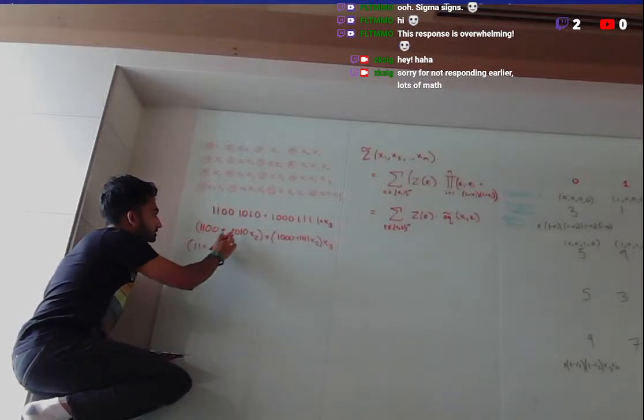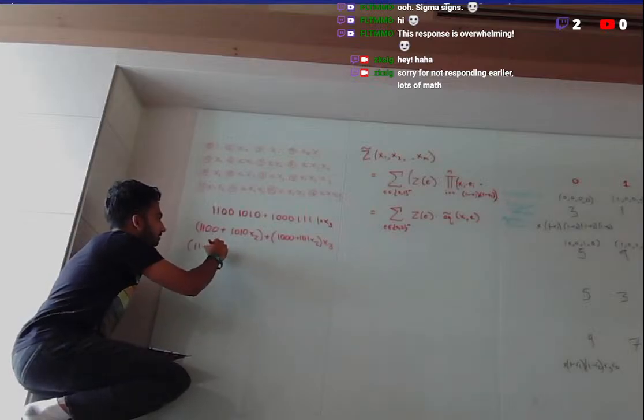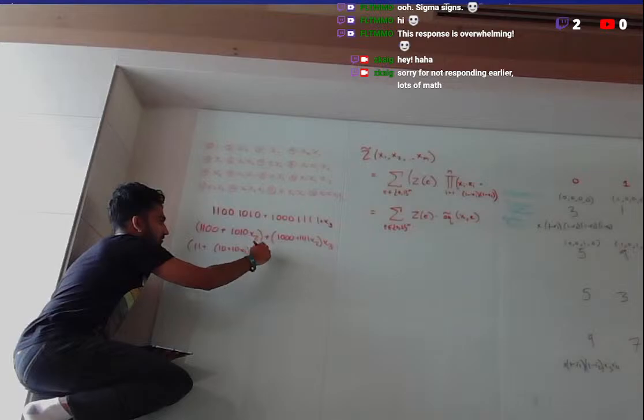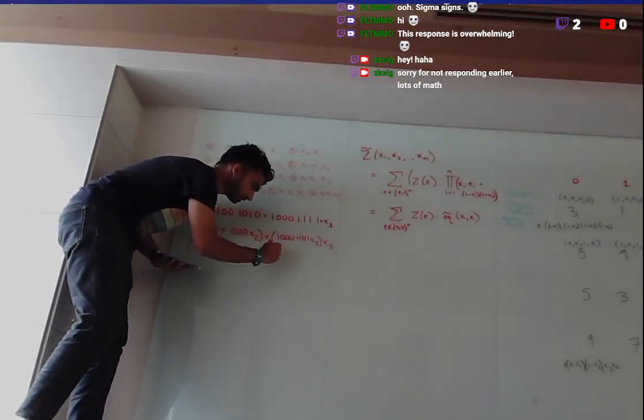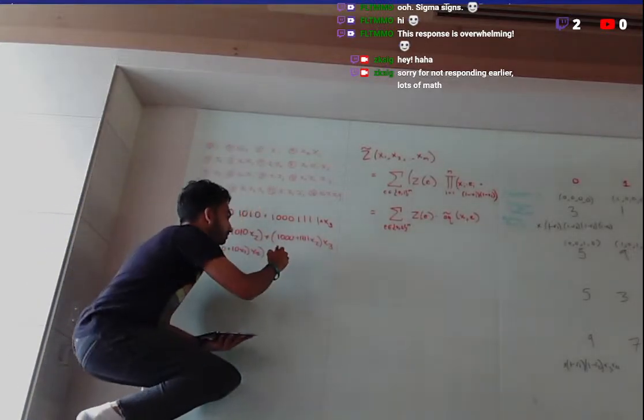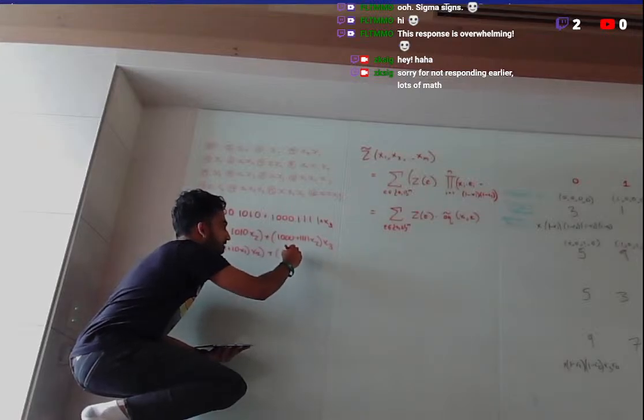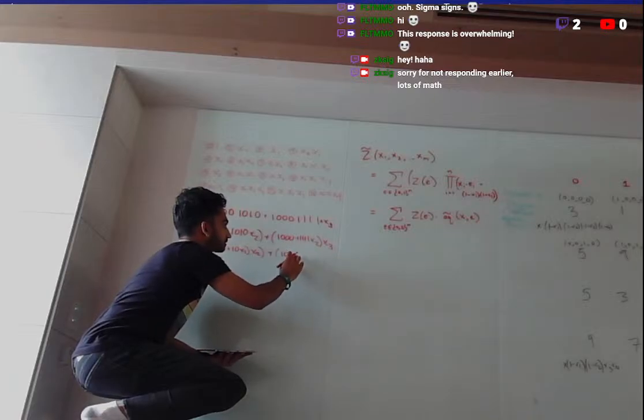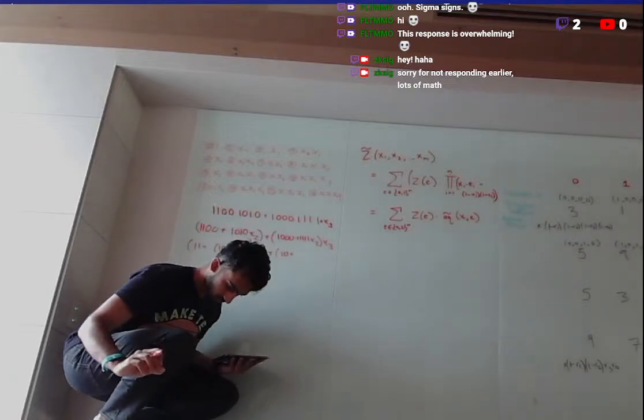Okay, so next, this guy. 1 0 and 1 0 x1, times x2. Plus, this guy: 1 0 and the rest would be 0. And then this guy: 1 0 and 1 1 x1. I think you missed 1 1.